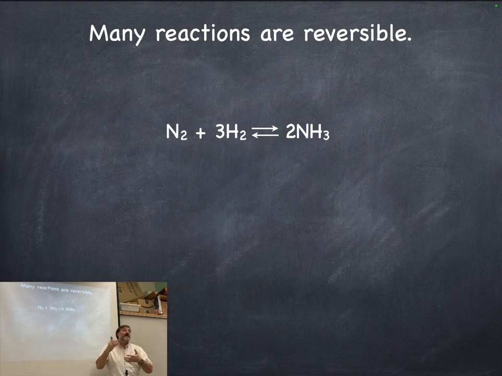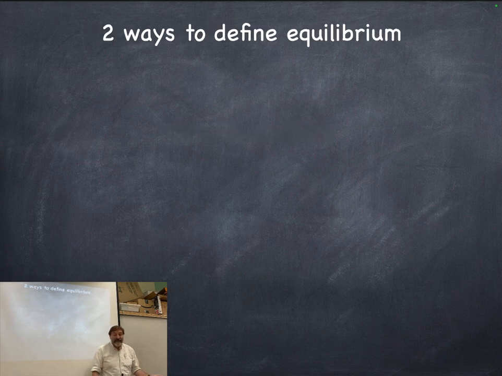That process never stops, but it does reach a balance where the amounts of products and reactants stop changing. In fact, that is one of the critical definitions of equilibrium, the balance between the forward and the reverse reaction.